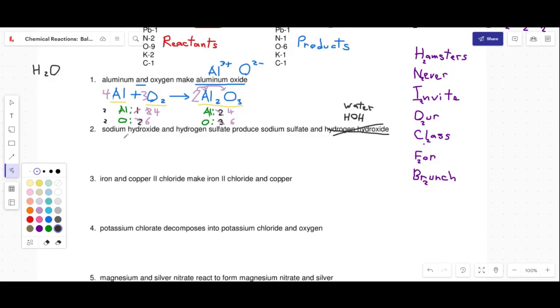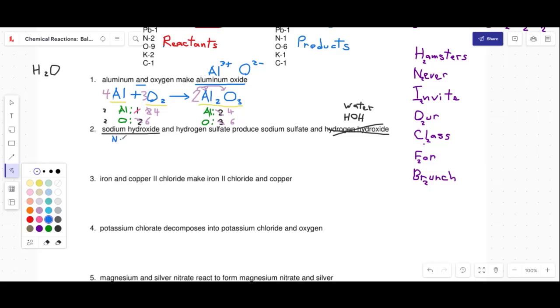So yeah, sodium hydroxide, is that ionic or covalent? What is sodium hydroxide? It's ionic, very good. And yep, it's NaOH. Because sodium has a +1 charge, and hydroxide is OH with a -1 charge.